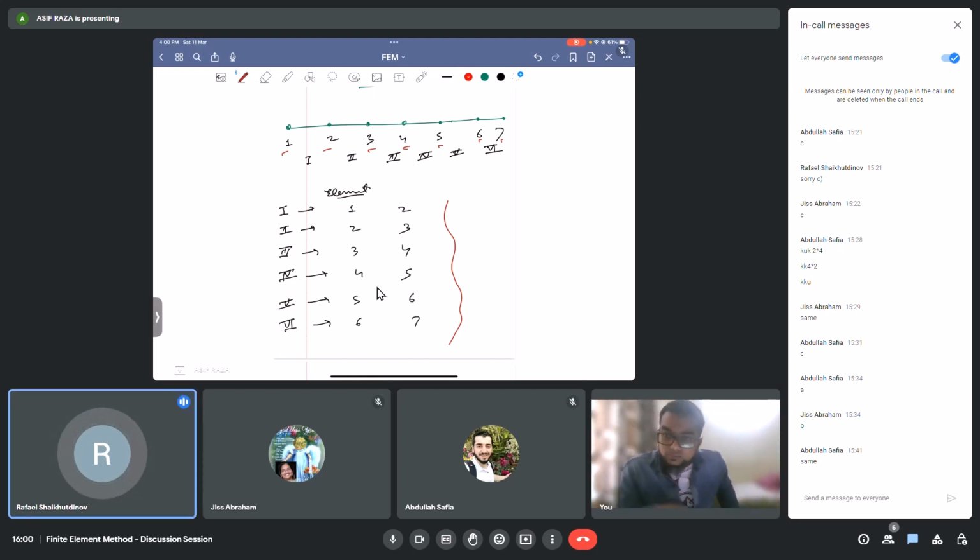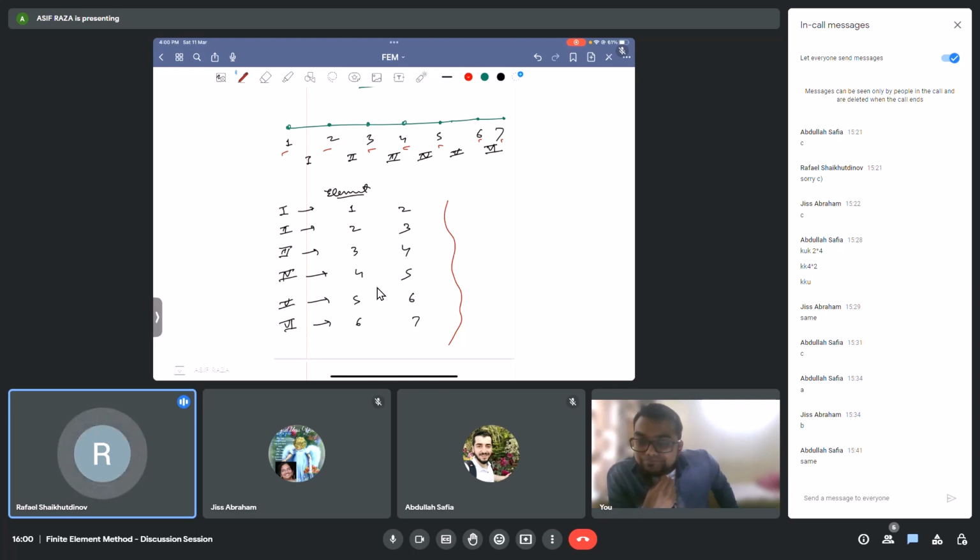Okay, node starts with 1. Node starts with 0. Yeah. You can see nodal coordinates. It's the coordinates, like where our global axis is. It starts with 0.